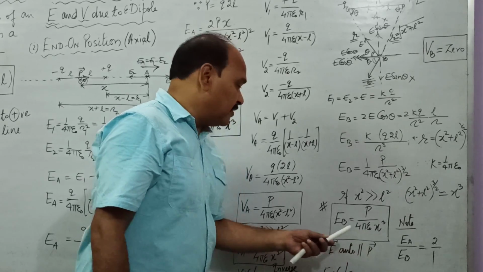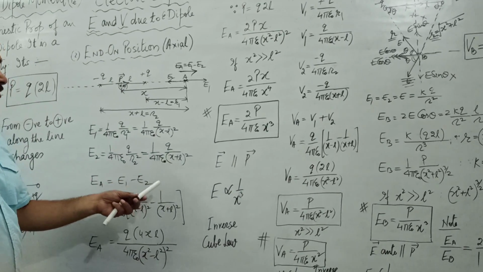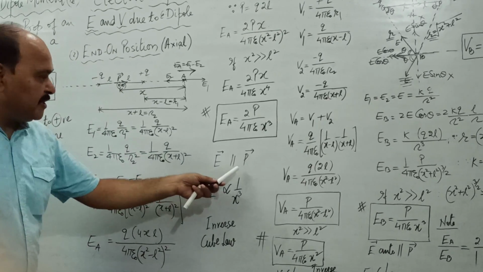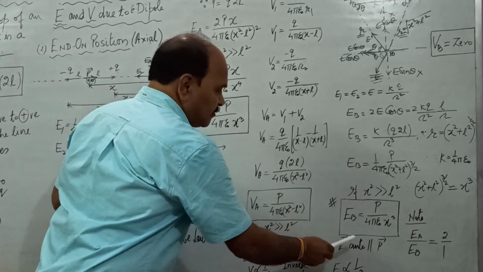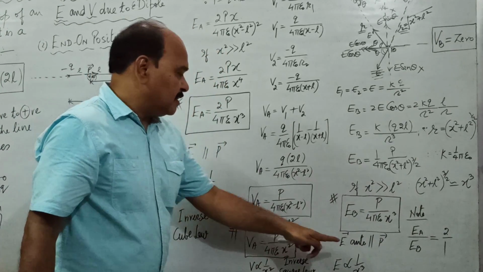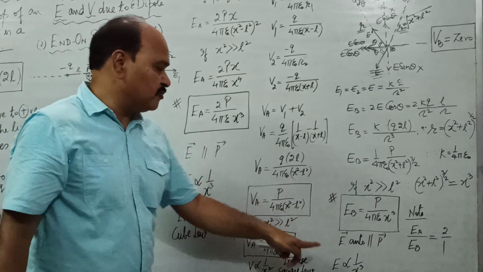At end-on position, electric field vector is parallel to P, but at broadside position, electric field vector and electric dipole moment vector are anti-parallel. Both follow the inverse cube law.